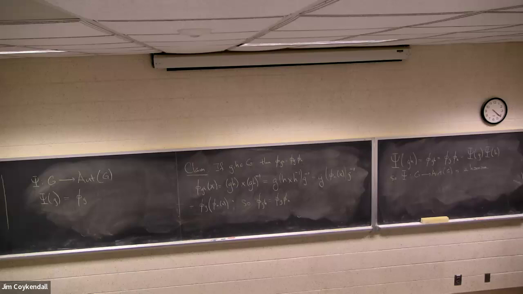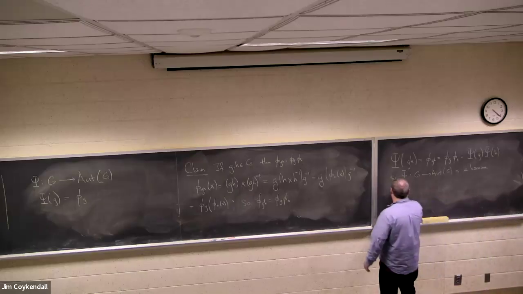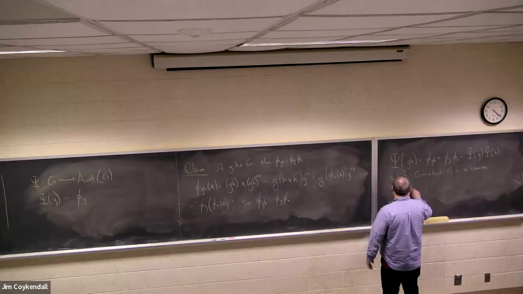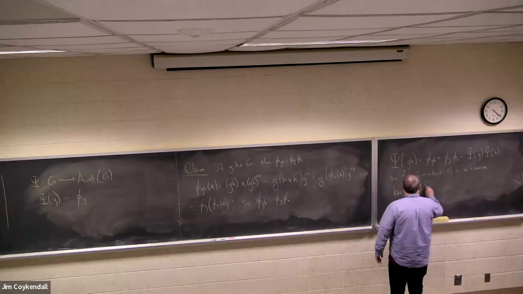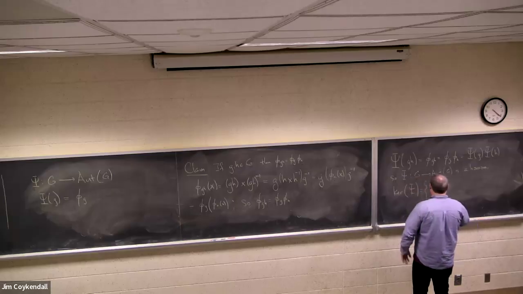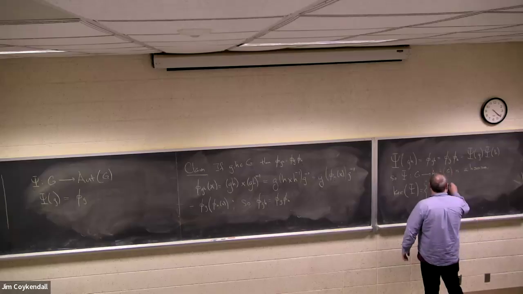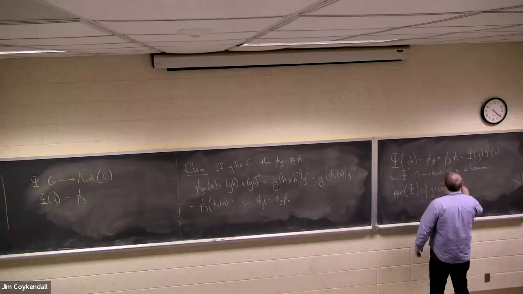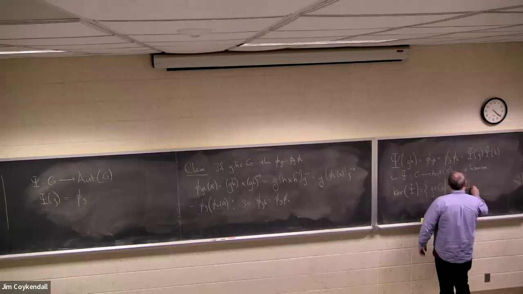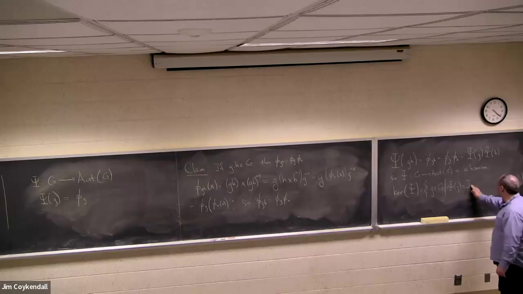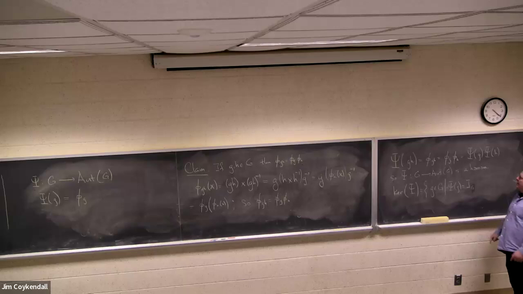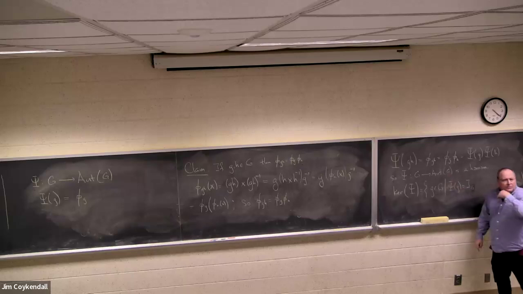Okay. What is its kernel? I think that was the next thing. Well, I guess it's the set of g in G such that, so it's everything, let's see, that ends up with the identity automorphism, right?